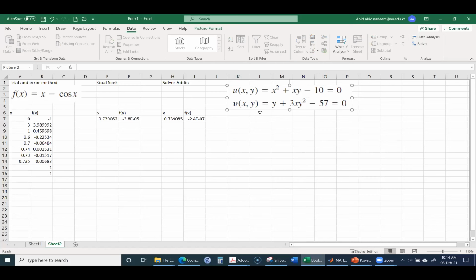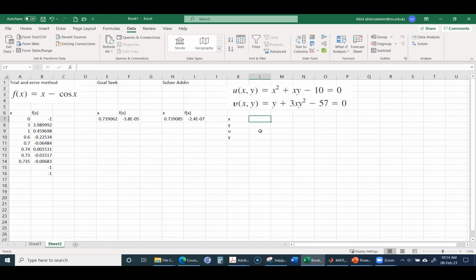For the solver add-in, first we can assume the values of x and y, and then there are two equations. One equation is u of x, y, and the other equation is v. So we can first calculate the function u and then calculate the function v.